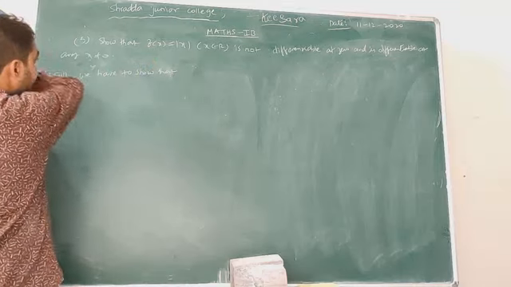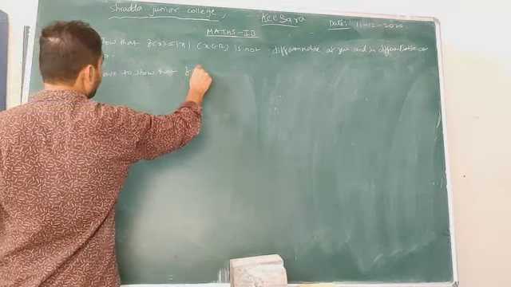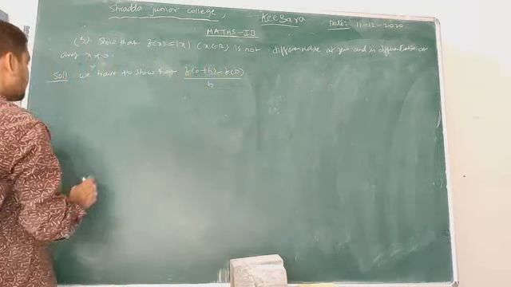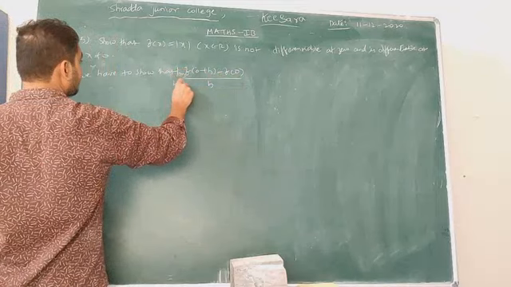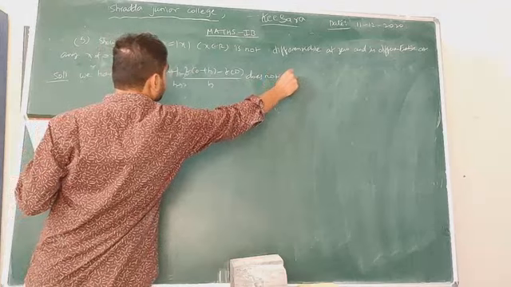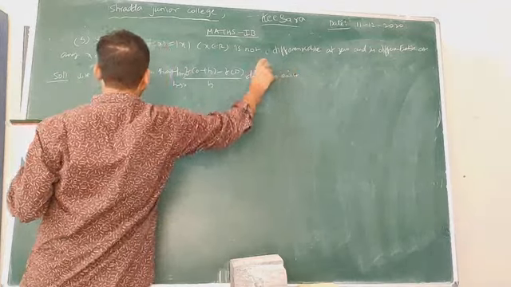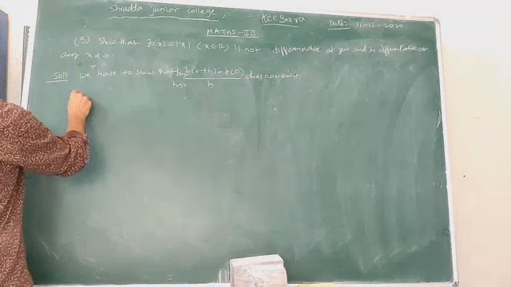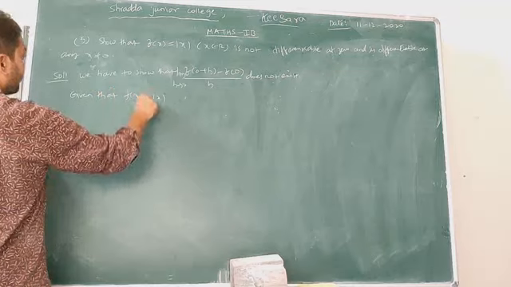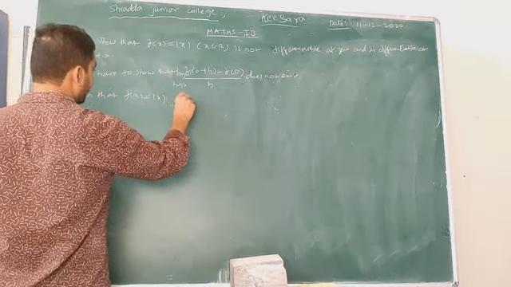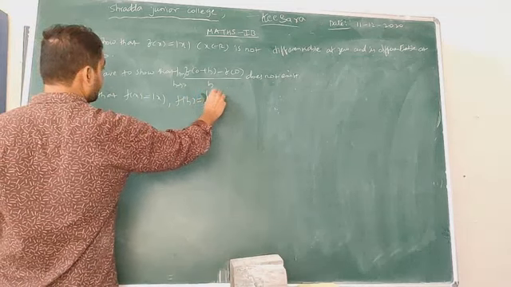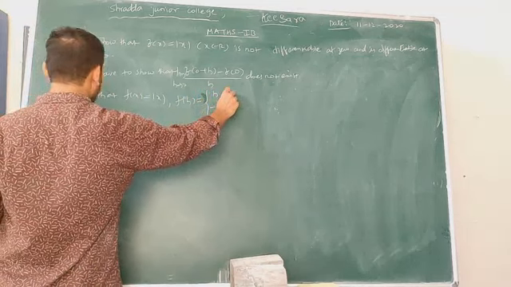We have to show that the limit as h tends to 0 of f of 0 plus h minus f of 0, by h, does not exist. Now see here, given that f of x equals mod x, f of h is equal to plus h or minus h.